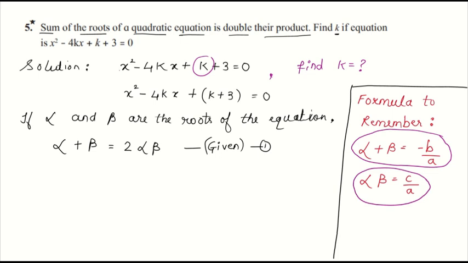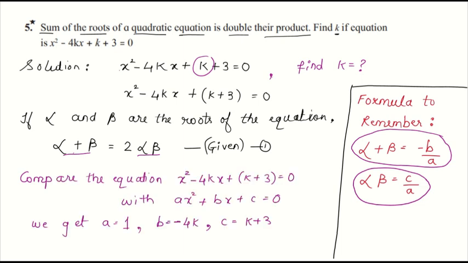So to solve this, we need the values of alpha plus beta and alpha into beta. If we compare the equation with ax square plus bx plus c is equal to 0, we get a is equal to 1, b is equal to minus 4k, and c is equal to k plus 3.